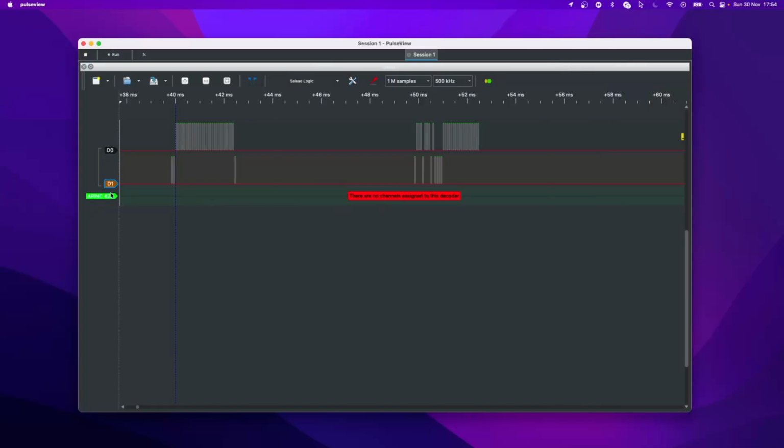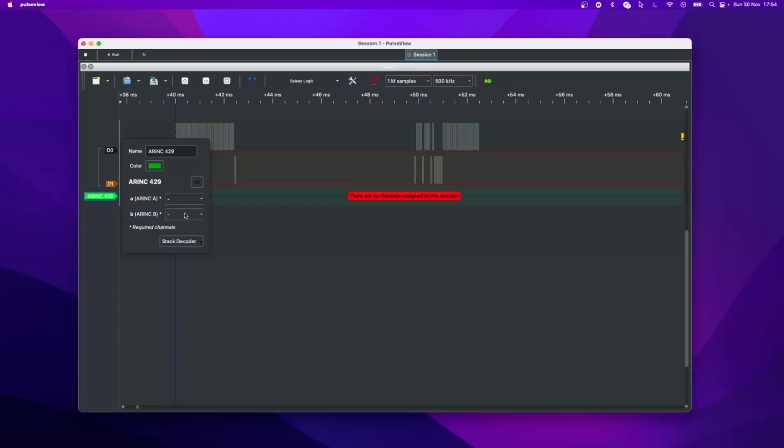We can close this window, and we can click on ARINC 429, and the software asks us which signal is the A line, and which signal is the B line. If you don't know exactly what line it is, you can guess by trial and error.